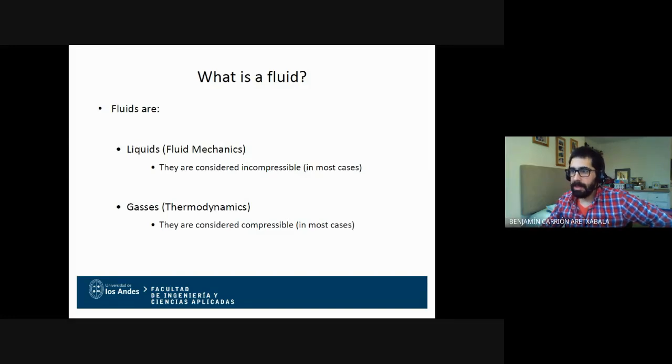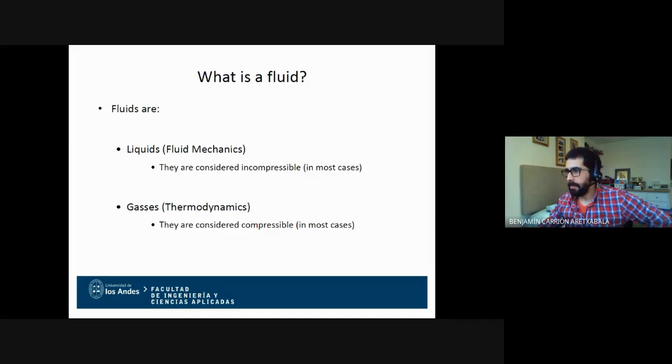Whereas liquids are very hard to compress. They're normally very stiff. We'll see the exact definition later on, but for all practical purposes, you can consider that they can't be compressed. A typical example of a liquid is water, which is mainly what we're going to be seeing here. And for gas, air is a typical example.